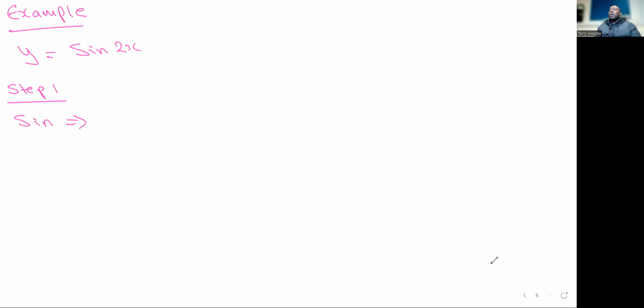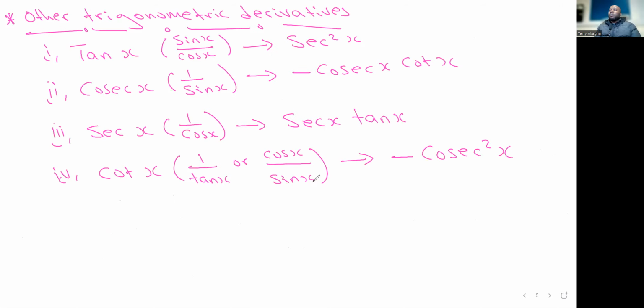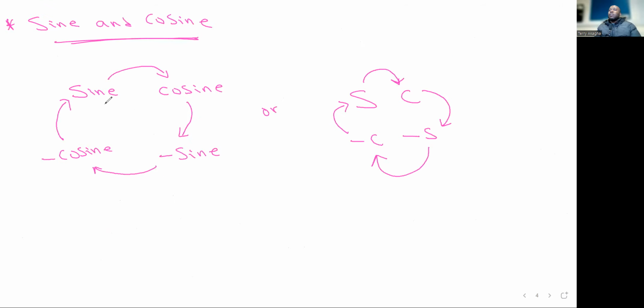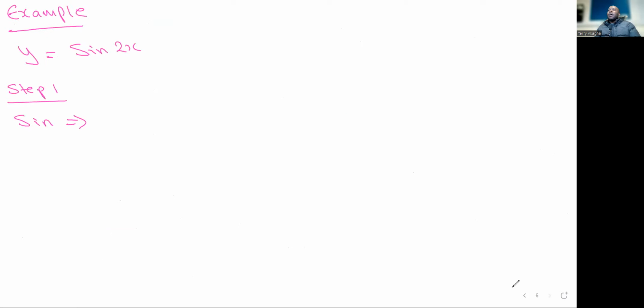And when you differentiate sine, what will it give you? Cosine. All right. So I'm going to write it as cos, so that it will be easier for you to write.